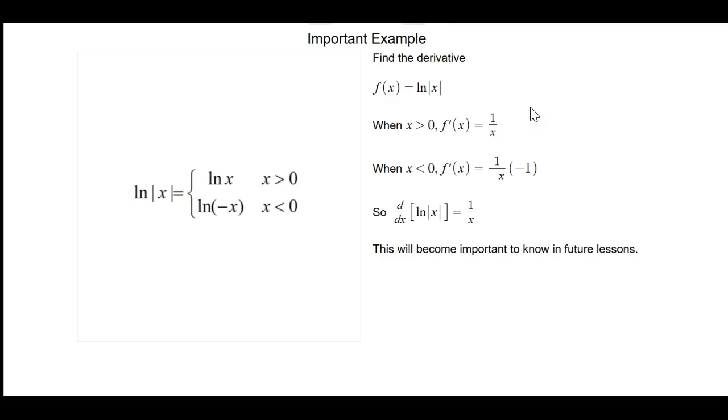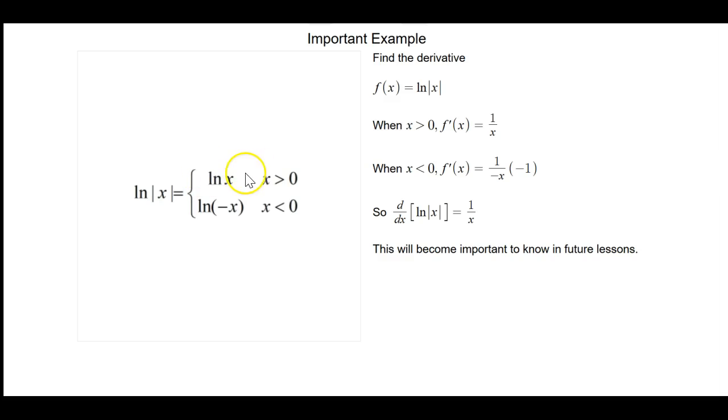Now here's an example that they have in the book that I did want to point out because we're going to need to use this in the future. So it's just something we're going to have to keep in mind. We're going to find the derivative of the ln of the absolute value of x. And we need to remember the piecewise definition of absolute value of x. This is the piecewise definition for ln of the absolute value of x.